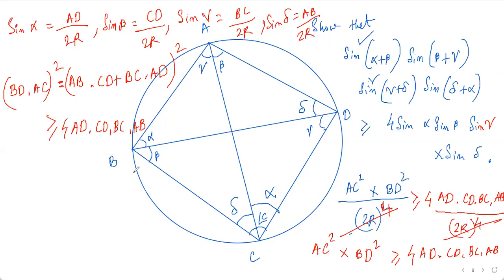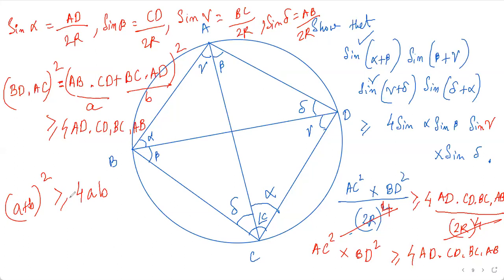Now I have to prove that that is greater than or equal to 4 times AD, CD, BC, AB. So that's very simple, this is just algebra. Suppose this I'm taking as A, this I'm taking as B, so A plus B whole square is greater than or equal to 4 times AB.